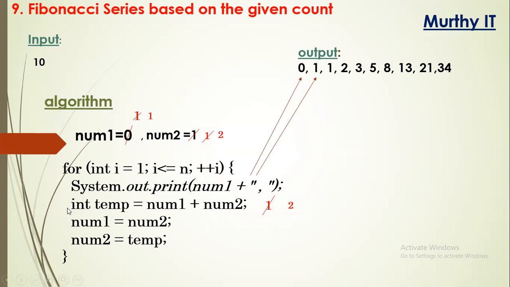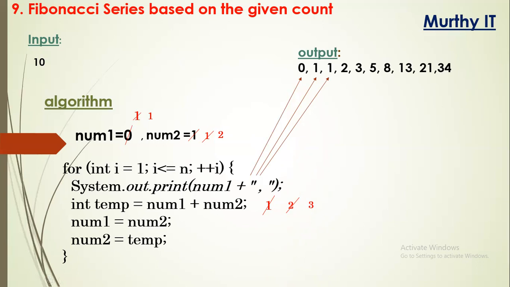Now at the third iteration, number 1 has 1, and that will be printed. Then number 1 plus number 2: 1 plus 2 is 3.